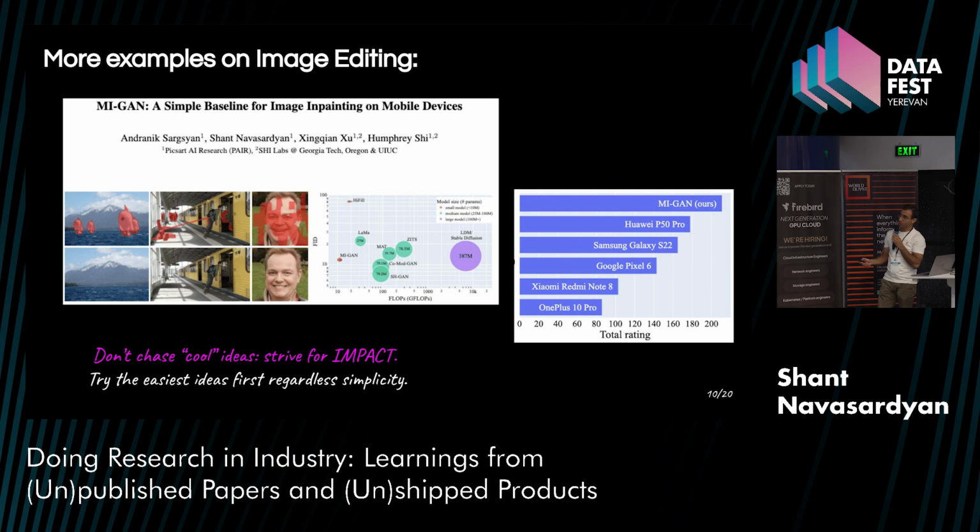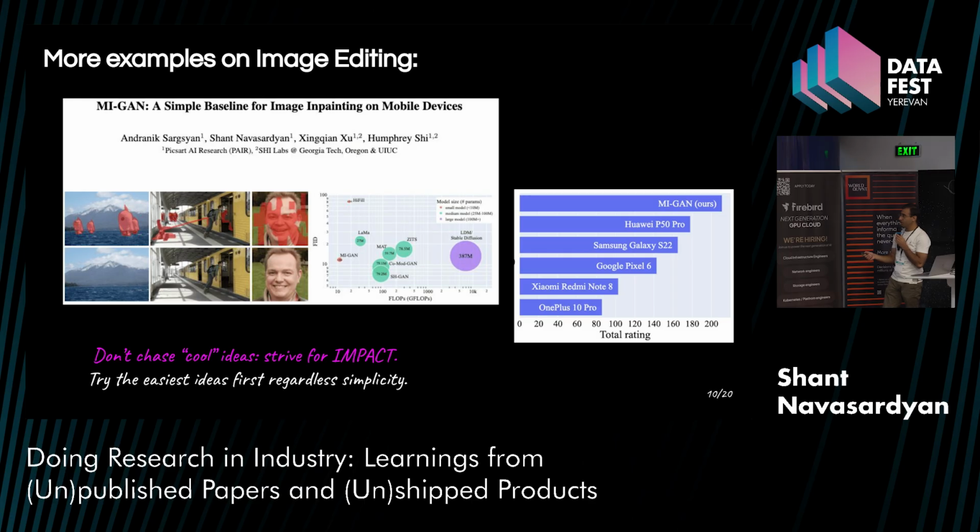Because as you can see from the title of this paper, we wrote a simple baseline for image inpainting, and there are lots of papers named a simple baseline about something. The idea is not to get something very complicated or sophisticated. The idea is to get something which really works and really has some impact.